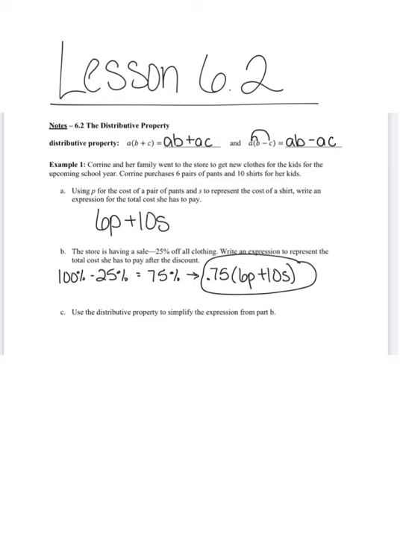So now here in part C, let's use the distributive property to simplify this. So my expression is like this, 0.75 times 6P plus 10S. So let's figure out what 0.75 times 6P is, and that is 4.5P.